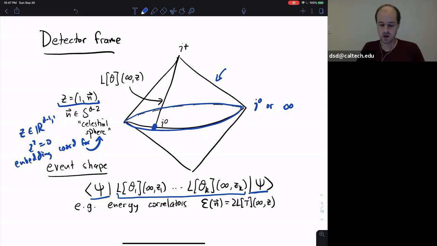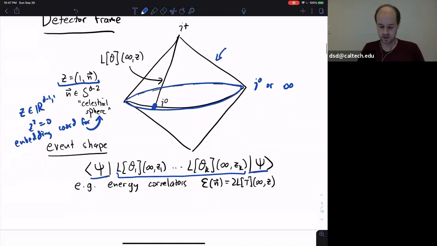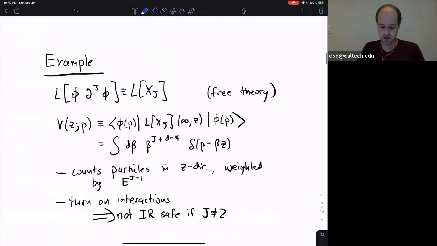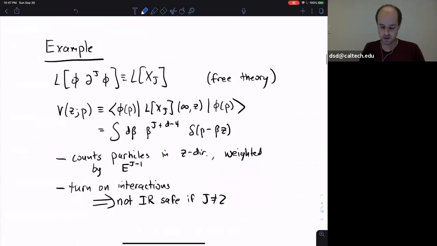Okay, so this is an example of a detector. Again, before proceeding to a definition, let me give another example of a detector, which is in a free theory.